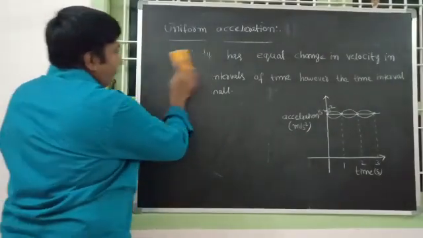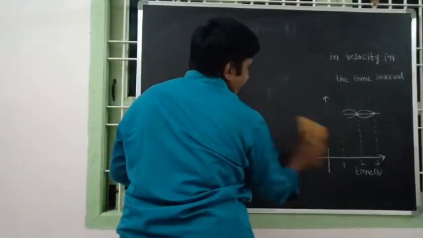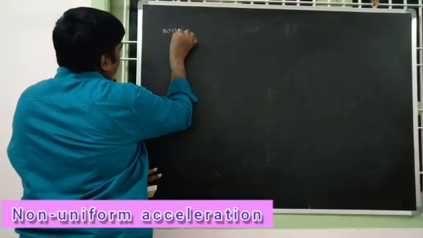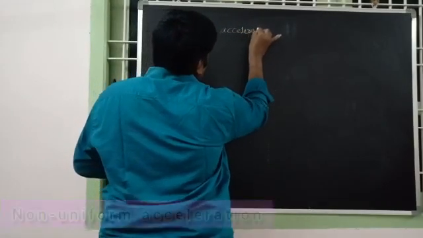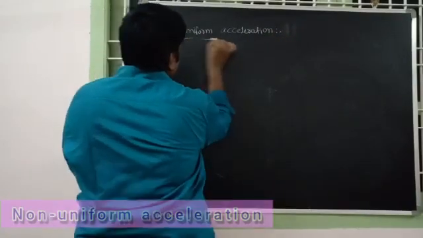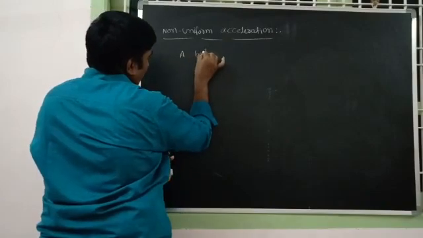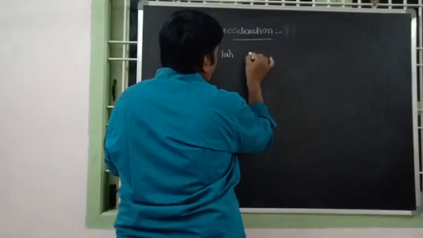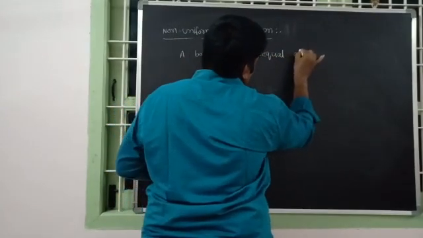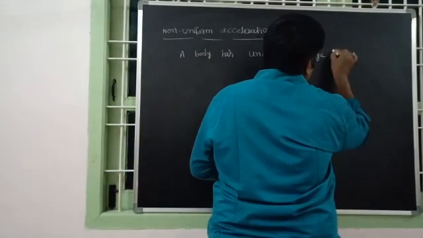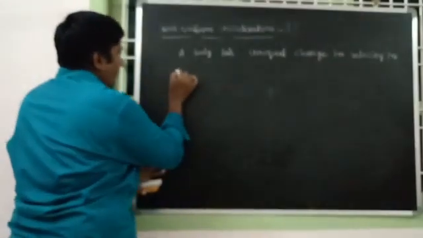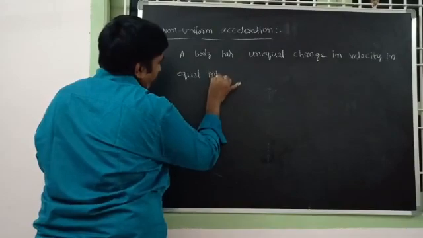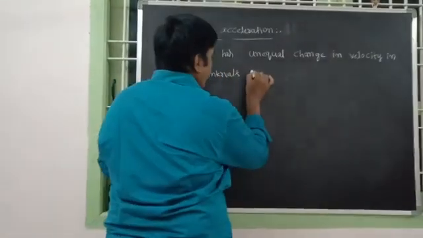So in such a case, we call it uniform acceleration. Next one is non-uniform acceleration. A body has unequal change in velocity in equal intervals of time.